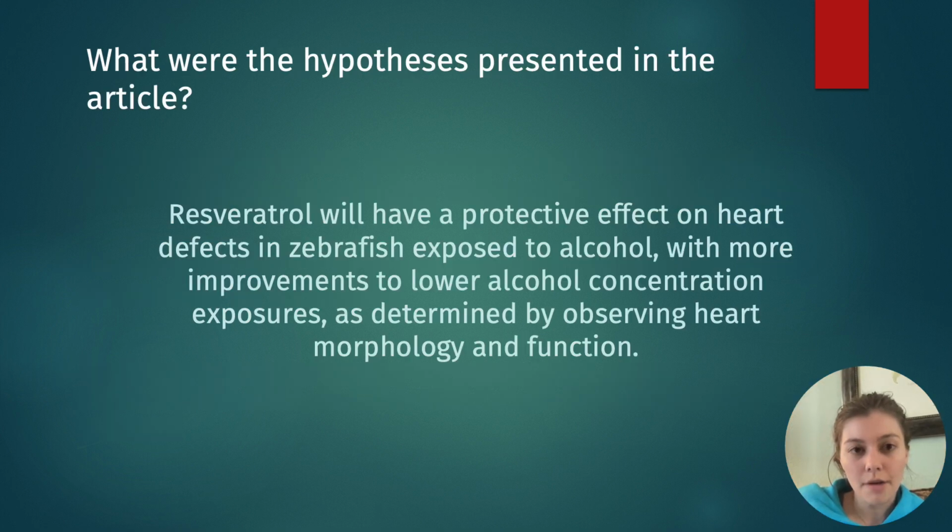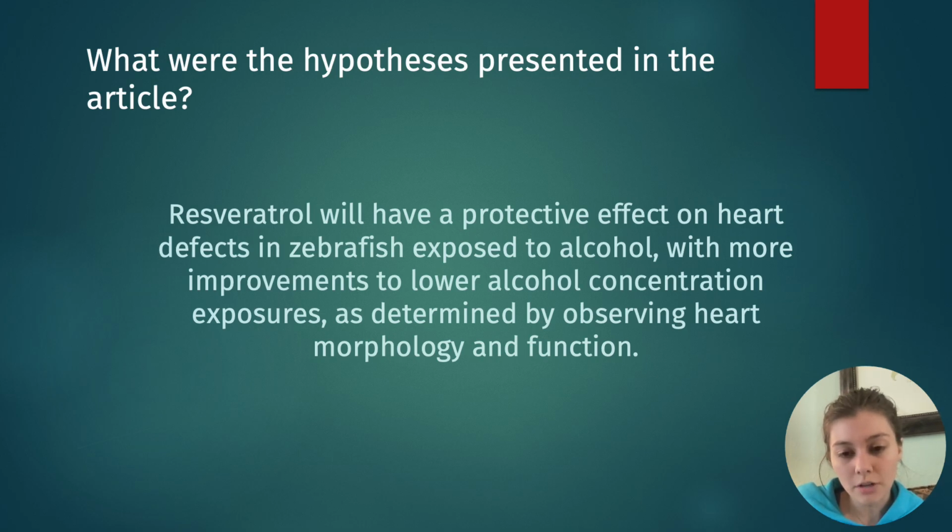Okay, what was the hypothesis? So the hypothesis for this article states that resveratrol will have protective effects when observing heart abnormalities in zebrafish exposed to alcohol. And furthermore, it stated that resveratrol will be more effective on zebrafish exposed to lower concentrations of alcohol than higher concentrations, meaning that you'll see more improvements and recovery to the heart of the zebrafish if exposed to less alcohol.